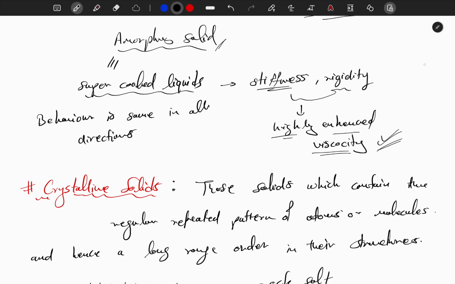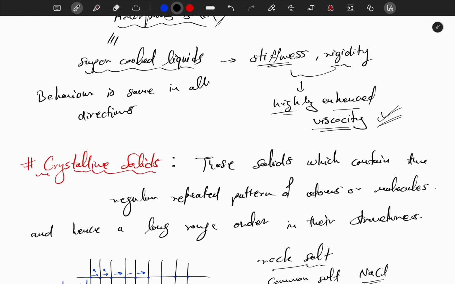So the randomness is in all directions, so we can say that they have isotropic nature. It means that all the properties will be the same in all directions. This type of property is called isotropic properties.